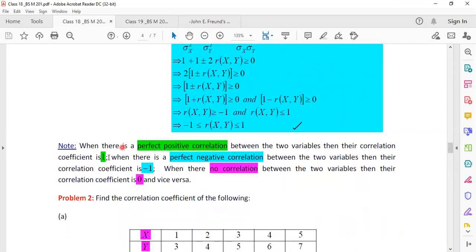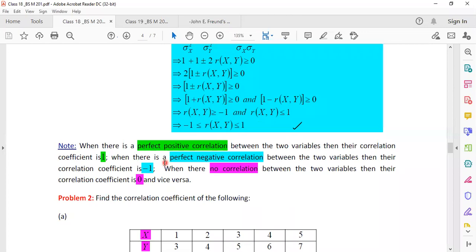And this particular note has already been discussed. We have already seen in our previous class that when two variables, capital X and capital Y, have a perfect linear relationship between them, then the correlation is positive, obviously, and it is the maximum value, which is 1.